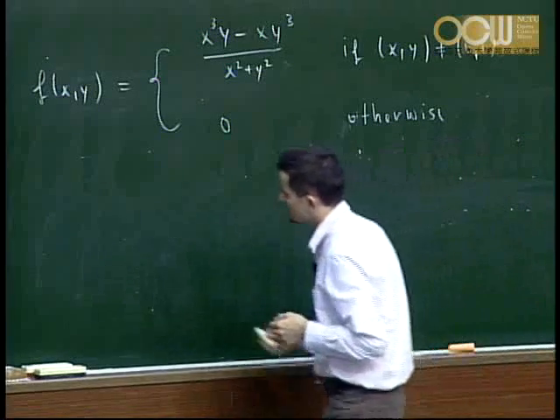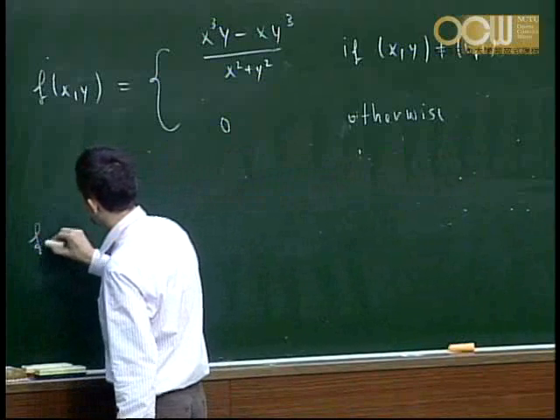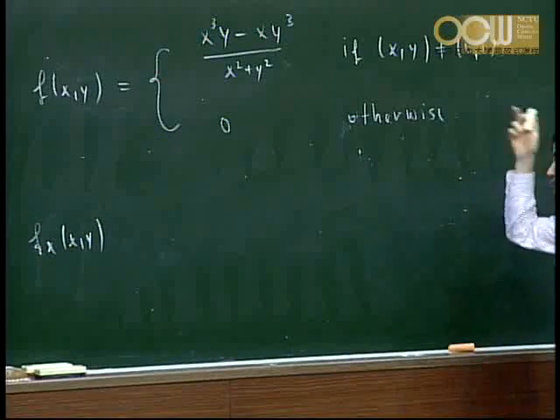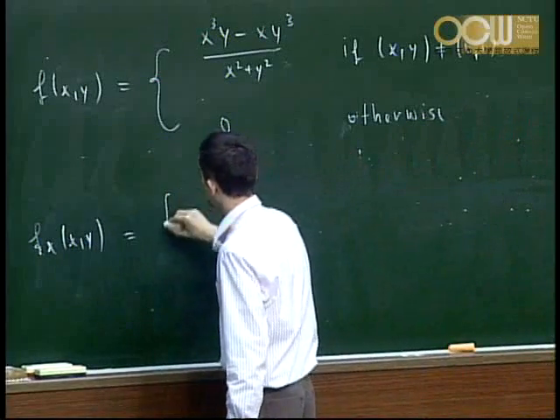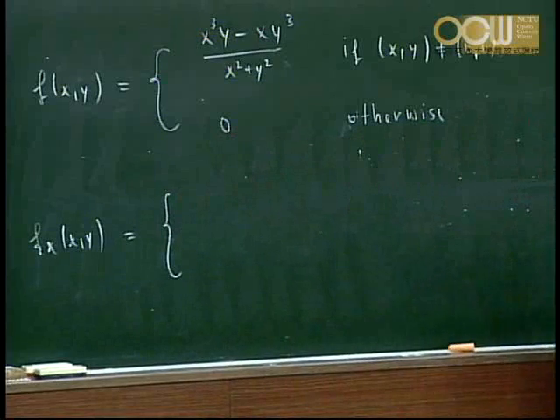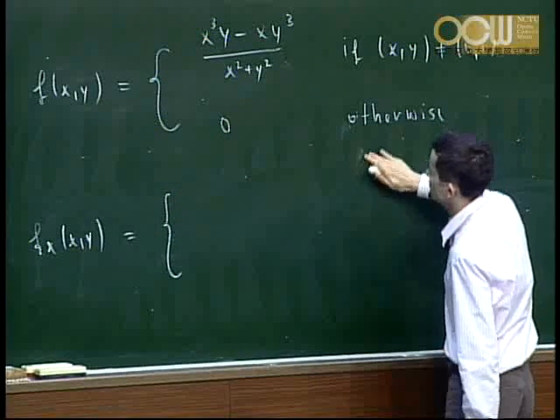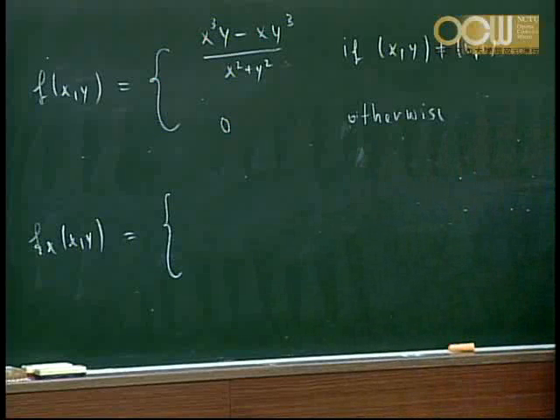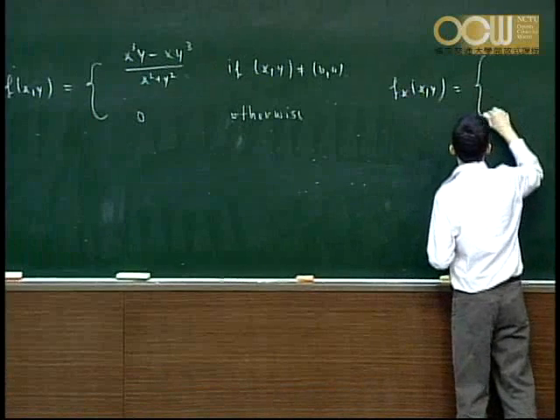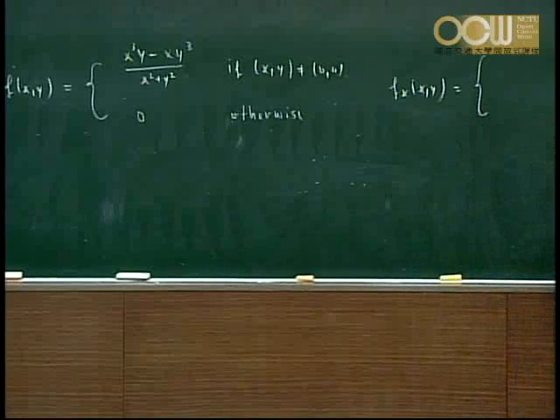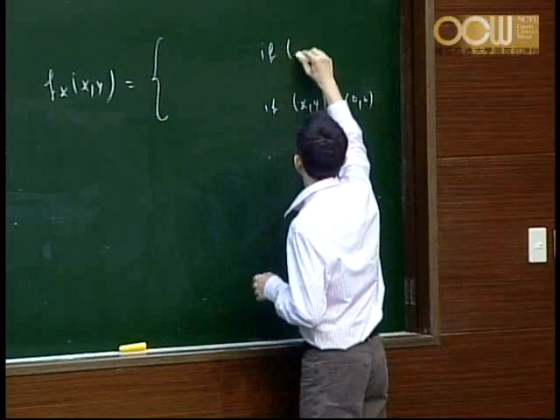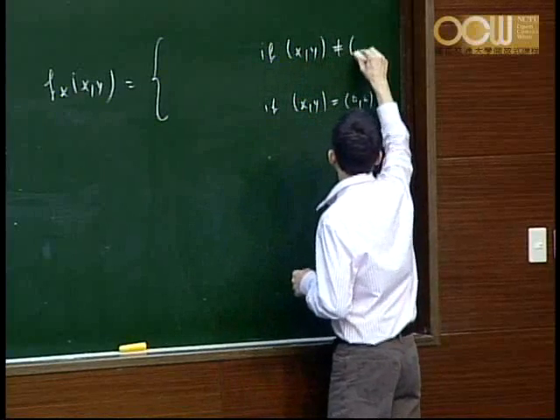Okay, so for the partial derivative with respect to x of this function, I again have to divide my consideration into two cases. I have to do it differently if (x, y) is equal to (0, 0), and if (x, y) is not equal to (0, 0).